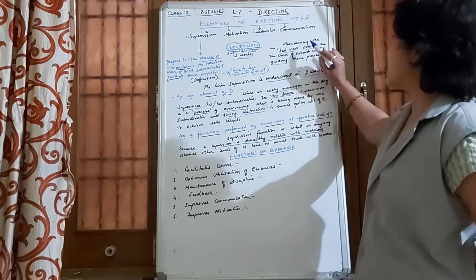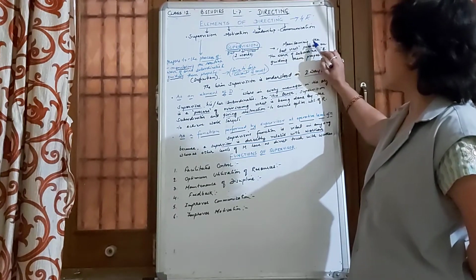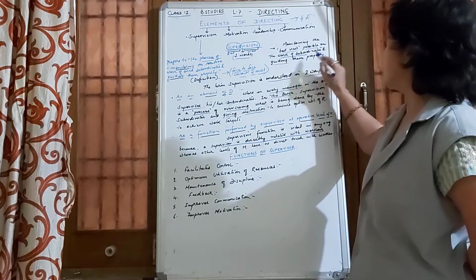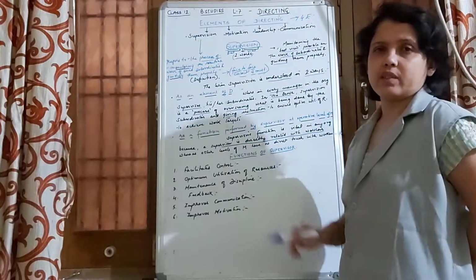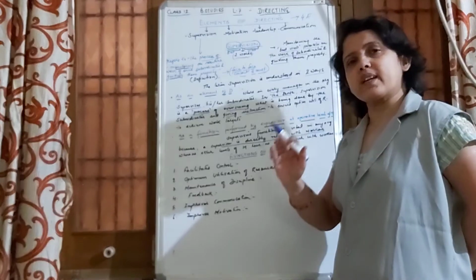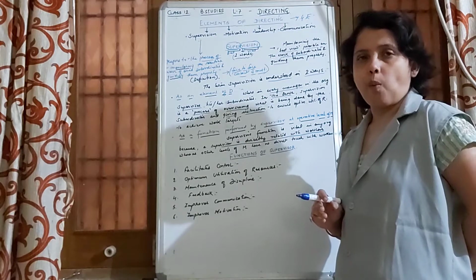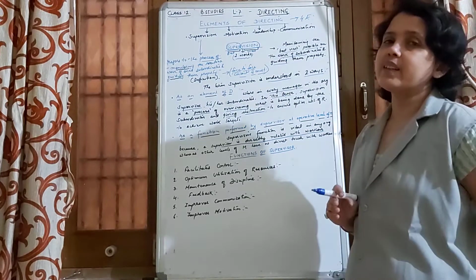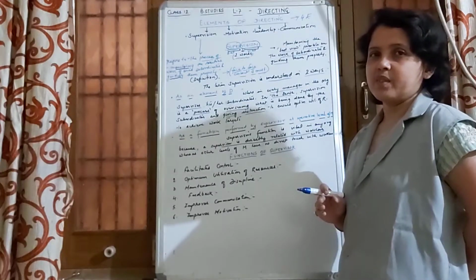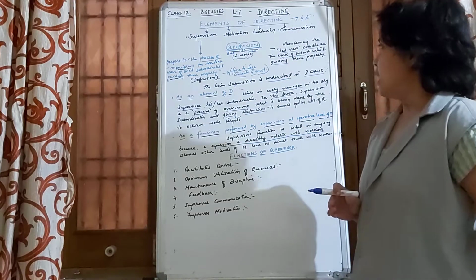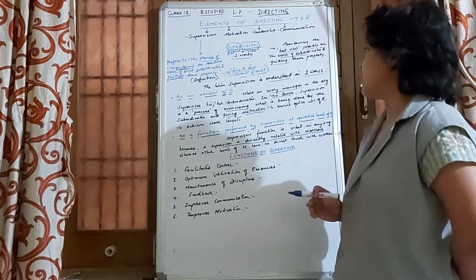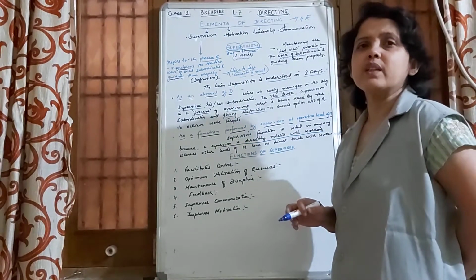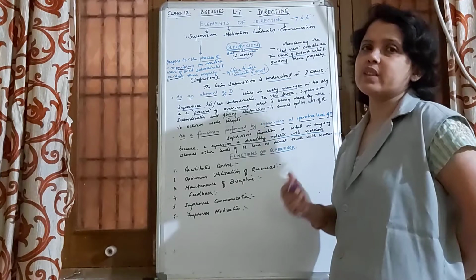So we can say that supervision is maintaining the best view possible of the work of subordinates and guiding them properly. When the view of the work is taken by the superior, he can guide the subordinates in the right direction. In supervision, we always see that there is face-to-face contact between the superior and his subordinates.